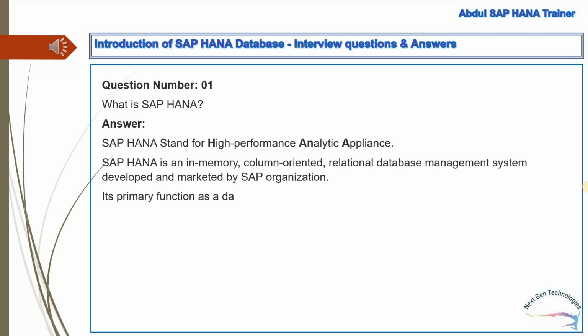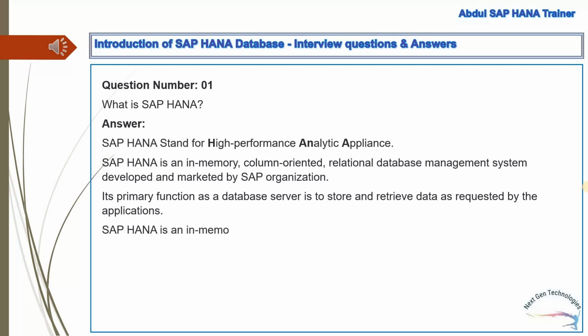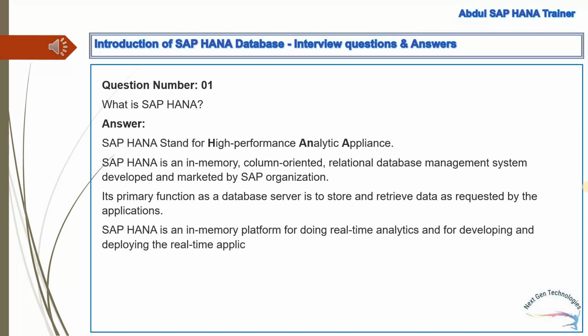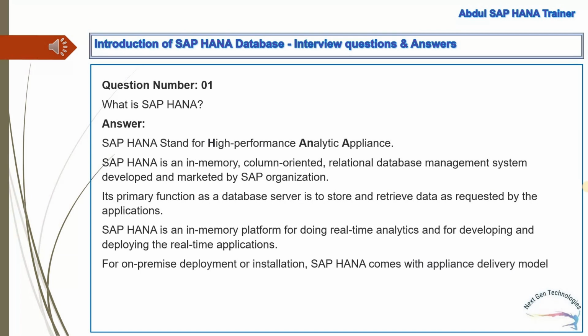Its primary function as a database server is to store and retrieve data as requested by the applications. SAP HANA is an in-memory platform for doing real-time analytics and for developing and deploying real-time applications. For on-premise deployment or installation, SAP HANA comes with the Appliance Delivery Model or the Tailored Data Center Integration (TDI) model.